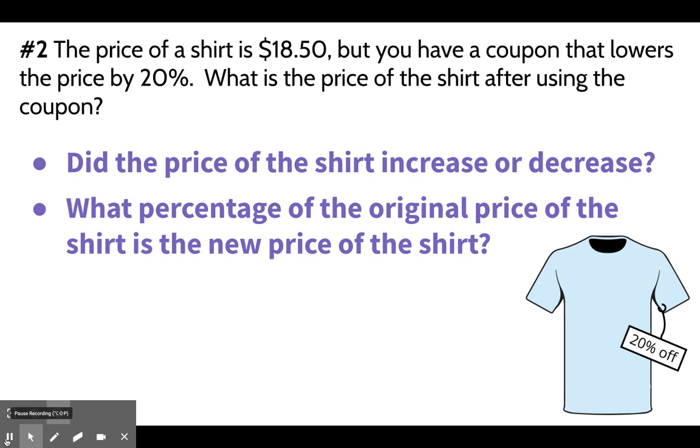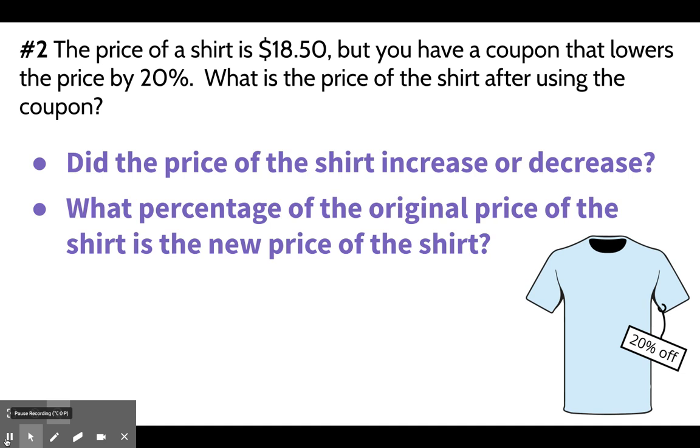Okay, so hopefully you notice that the new price of the shirt is going to be $14.80. And that means that the price dropped by $3.70, because 20% of $18.50, well, we just figured the same kind of math out in the last problem, right?